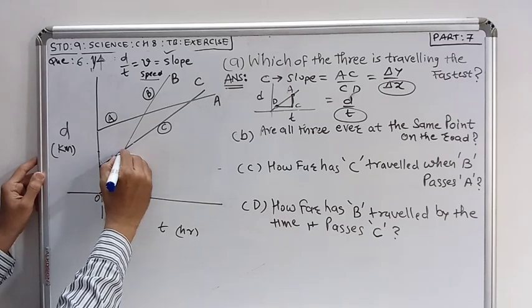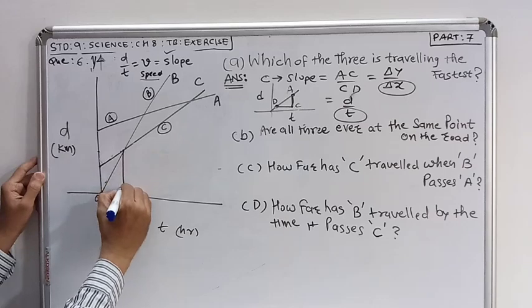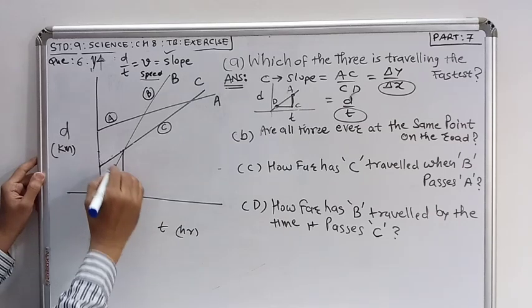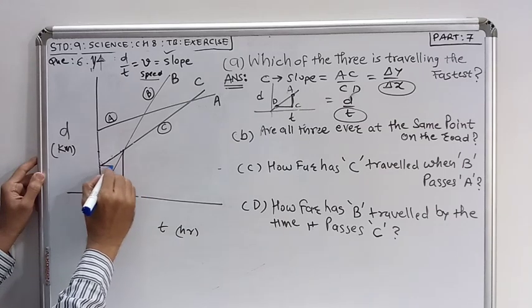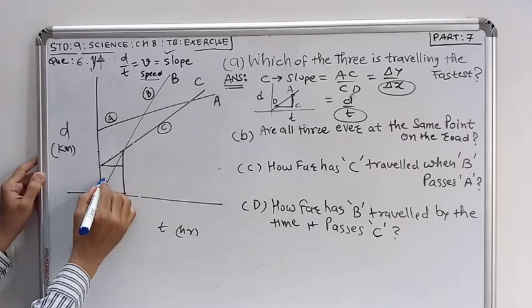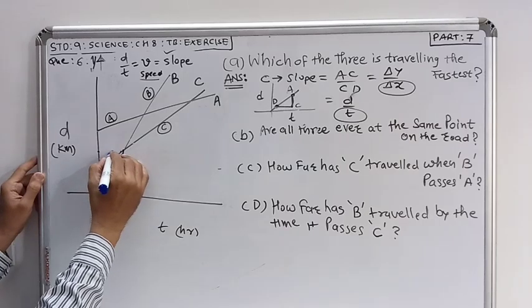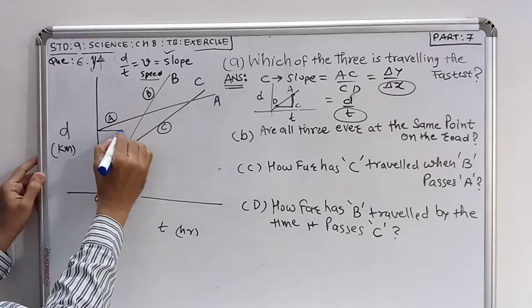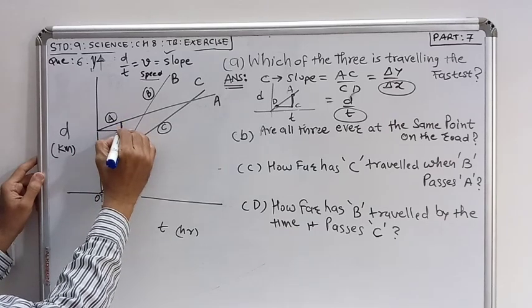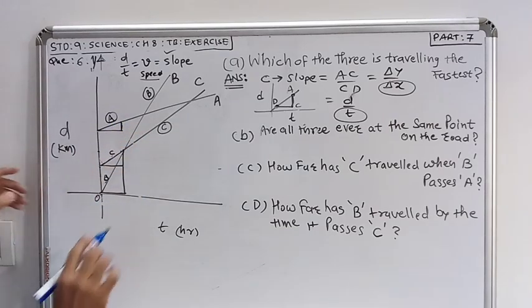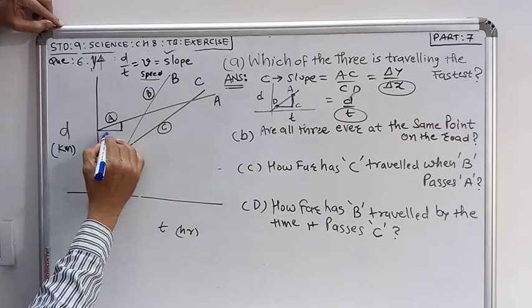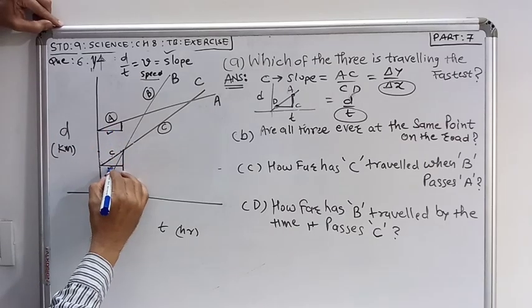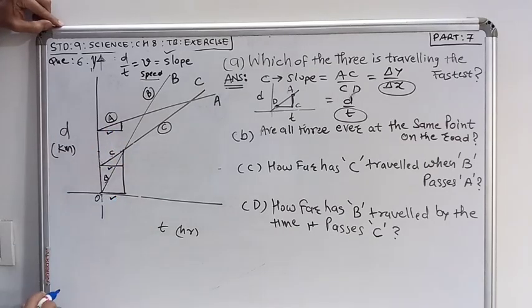Let us take this point. Here this is the B line, this is the C line, and this is the A line. So you can see that the delta x, that means the time interval, is the same here.